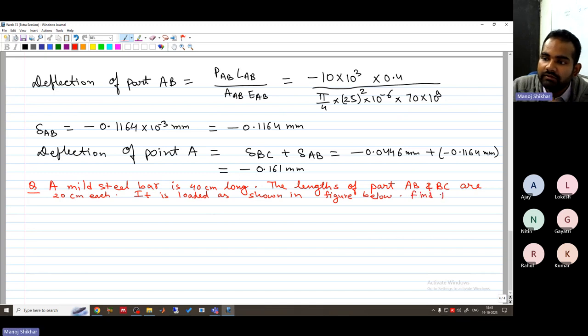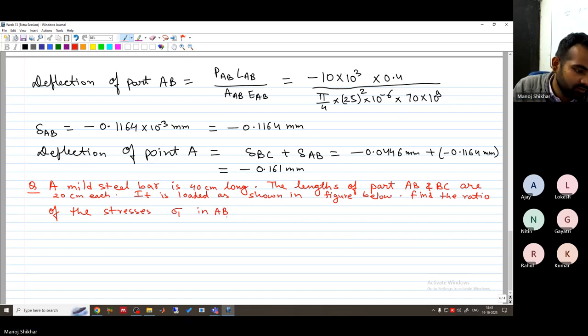Find the ratio of the stresses sigma 1 in AB and sigma 2 in BC.